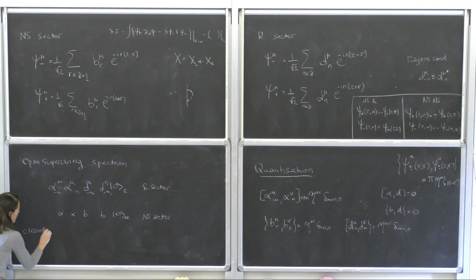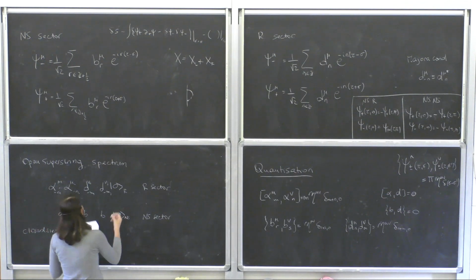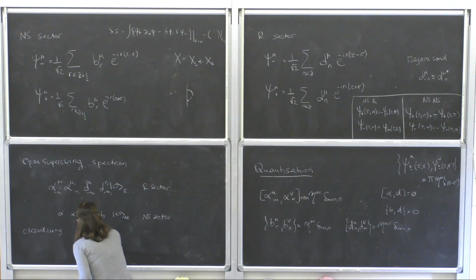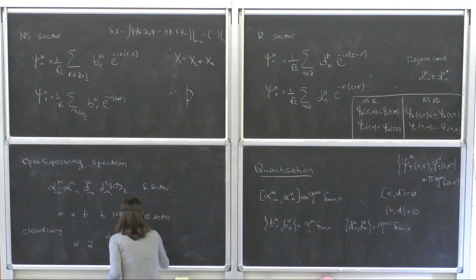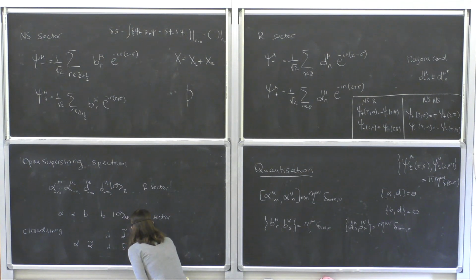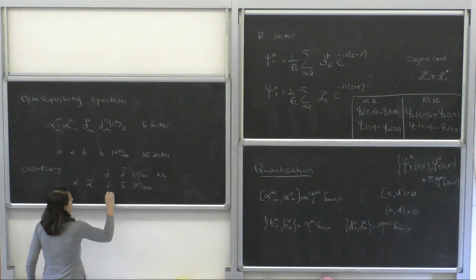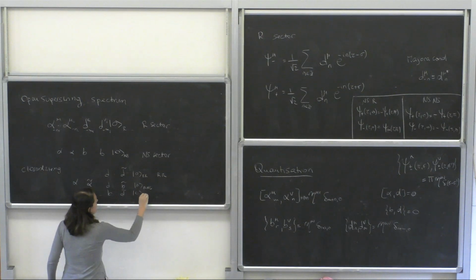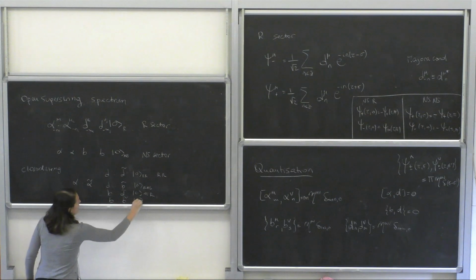And in the closed string, again, you have the four sectors. So you have the alphas and alpha tildes, and then if you are in the Ramond sector, d and d tildes. So this is in the RR. These and b tildes, so this is RNS. b's and d tildes in the NSR, or b's and b tildes in the NSNS sector.